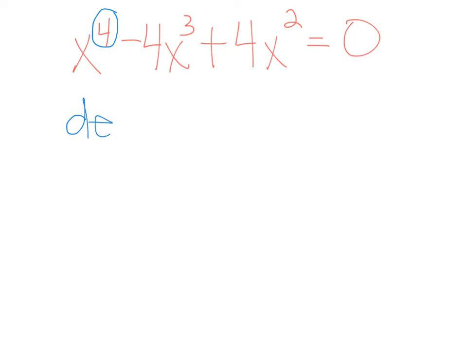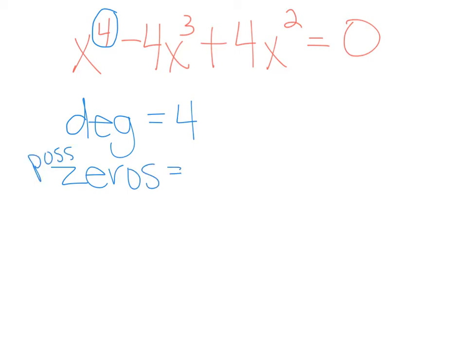So we have a degree 4 polynomial, which means that it's possible that we have up to 4 zeros for this function, which is always equal to the degree. And the possible number of turning points is equal to 1 less than the degree, which if I subtract 1 from the degree, I get 3.